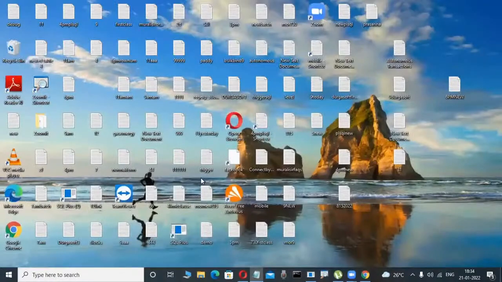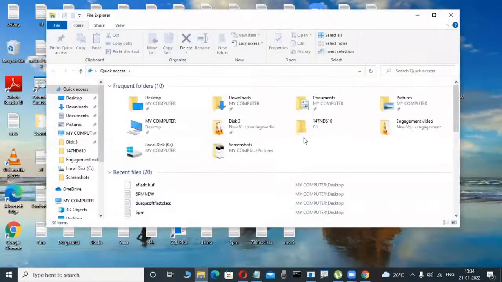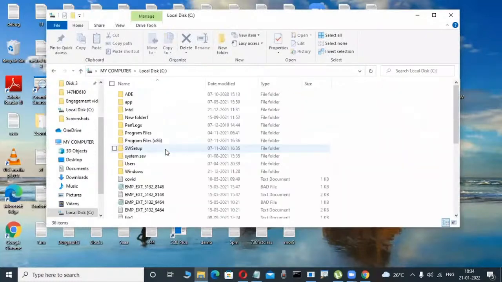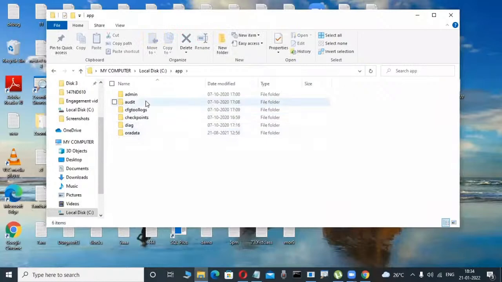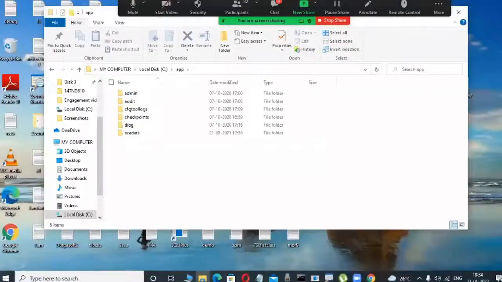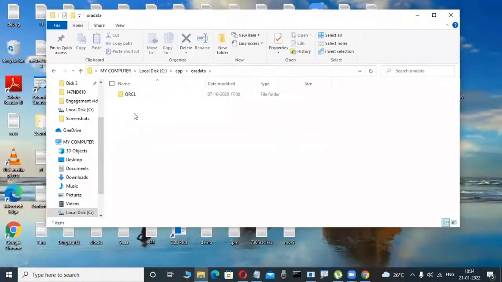Now I'm interested to view whether this table is created or not in my operating system. Suppose Windows is there, where I already installed Oracle. In that location, I try to view, for example, C colon, where Oracle is there. Those are directories, these are folders: Oracle, Oradata, ORCL.